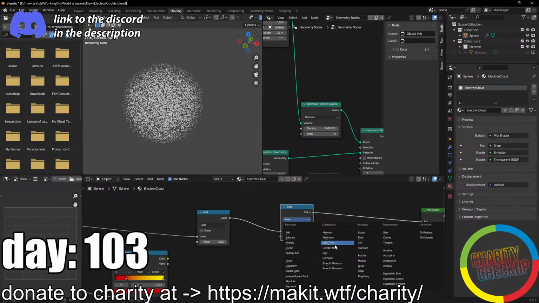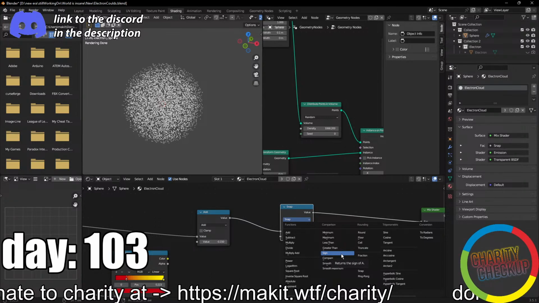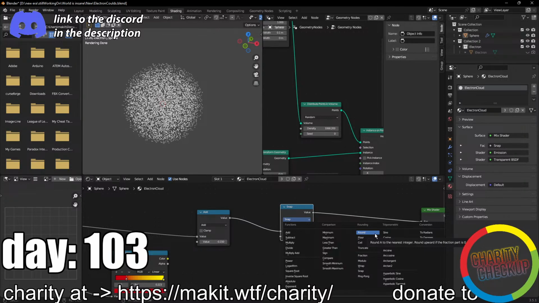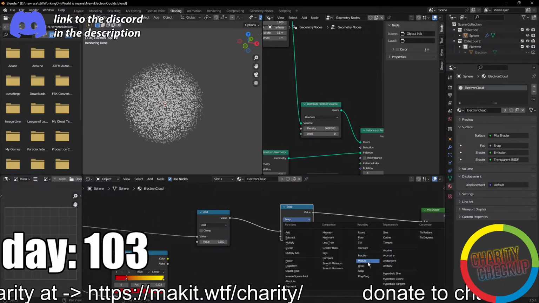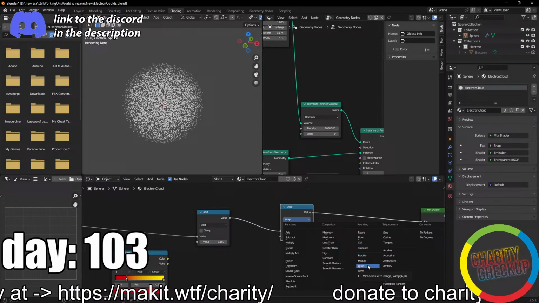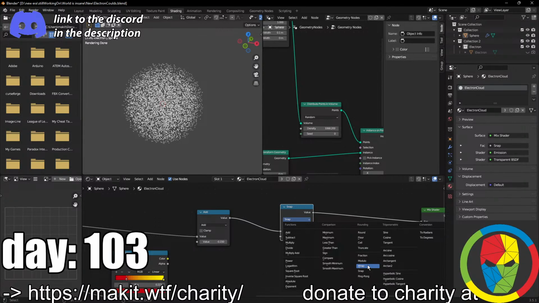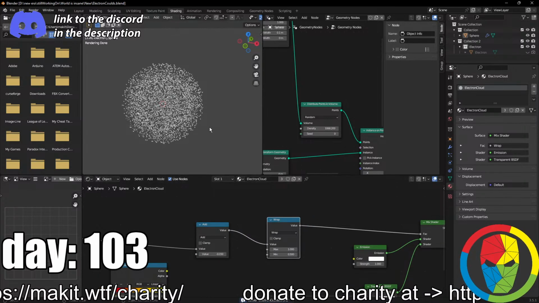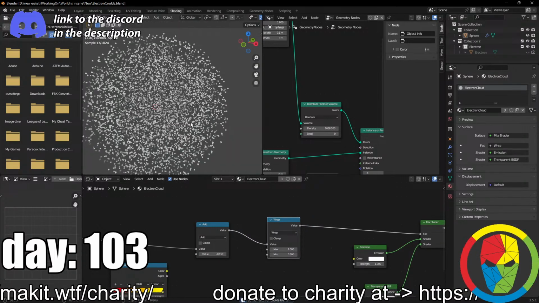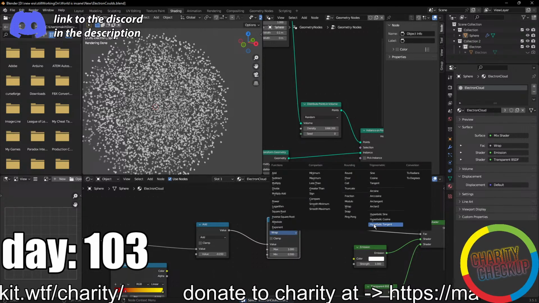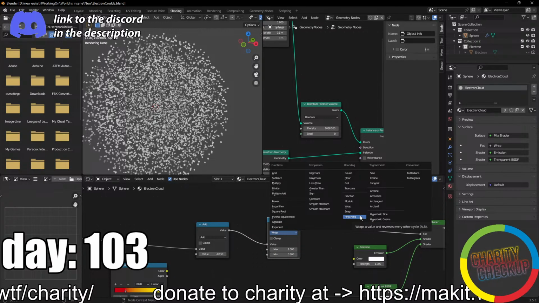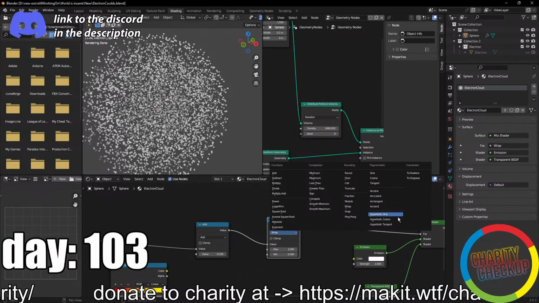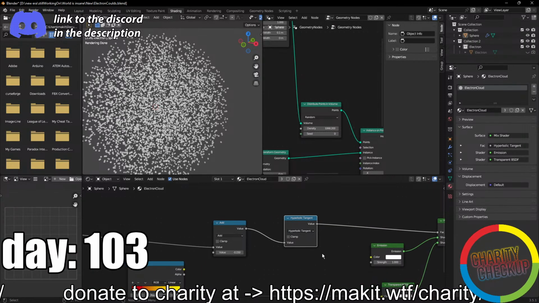No. Maybe this wrap. Maximum 1, minimum 0. Ah, it's not wrap. No. Ping pong? Every other cycle, maybe. No. Hyperbolic tangent, I suppose, could work.